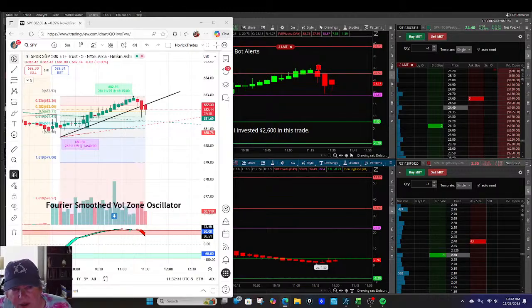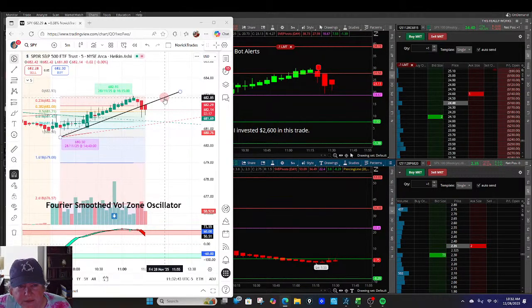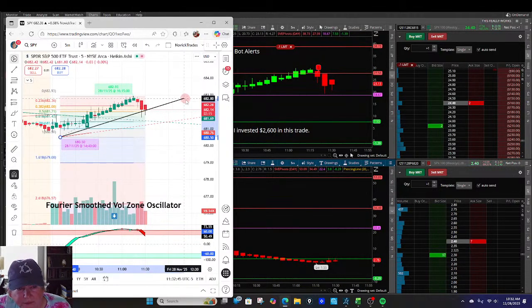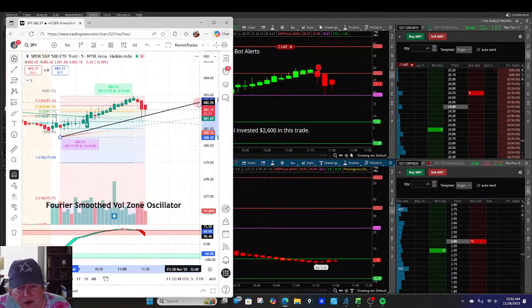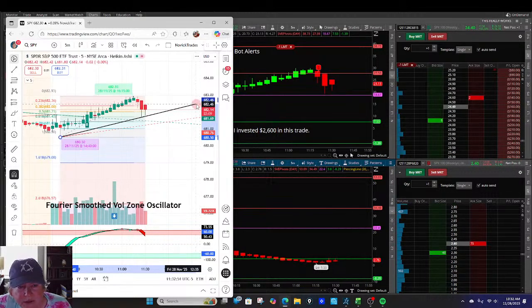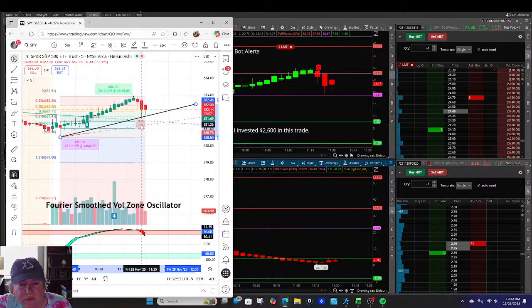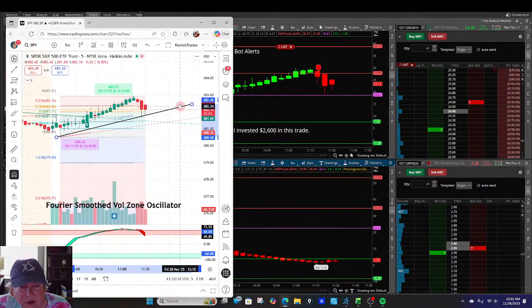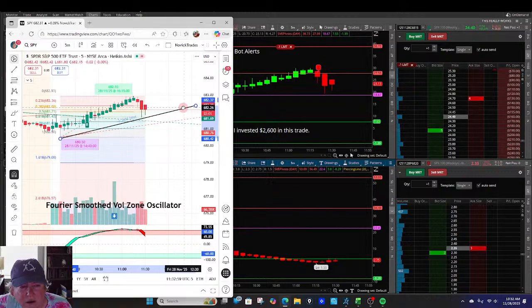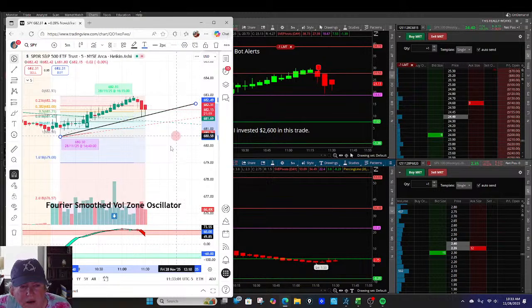I'm going to go ahead and shift this trend line down because it seems that that is the lowest point where that candle is. Okay.